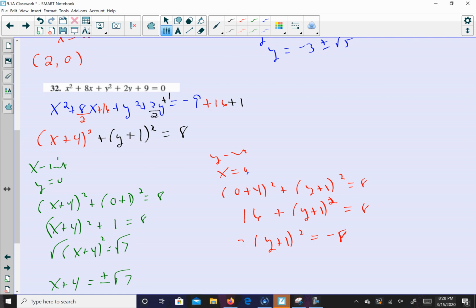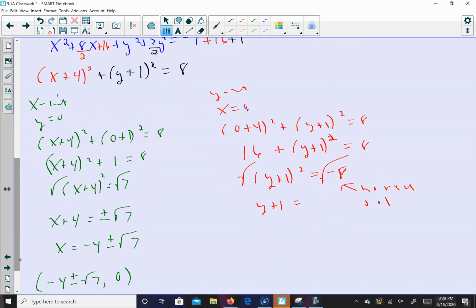So I'm going to take the square root, and I'm going to have y plus 1 is equal to, and then my calculator should say no real solution, which means this is not possible.